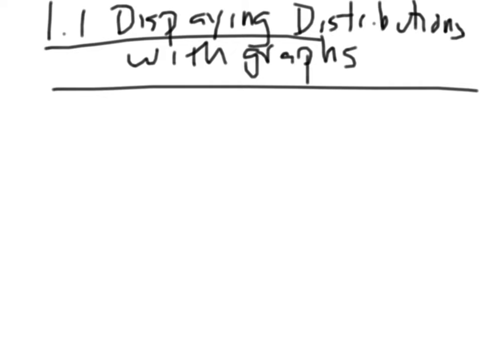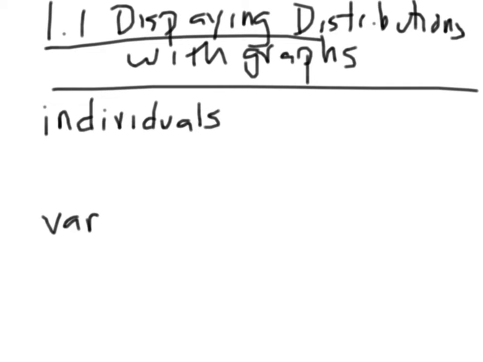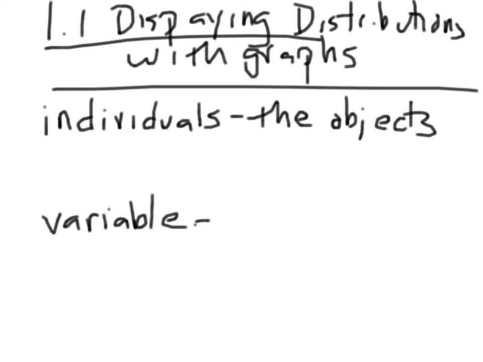The first two important terms are individuals and the idea of a variable. Individuals, when you're doing something with statistics, are the objects of data, objects described by a set of data.